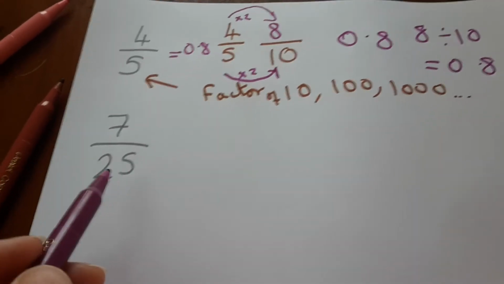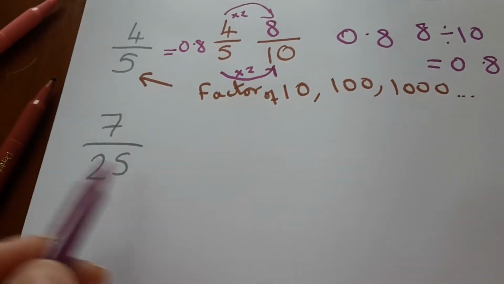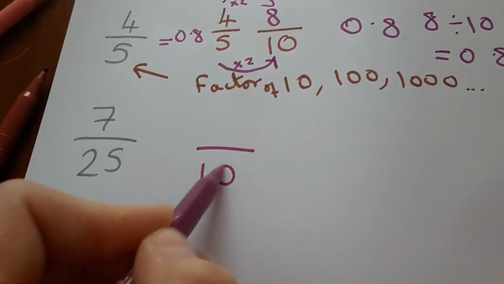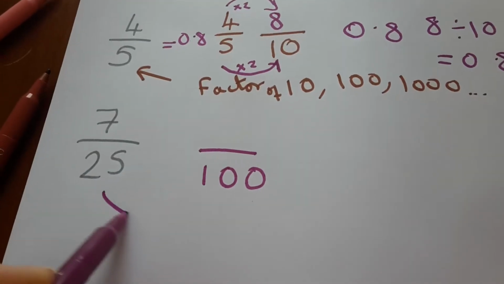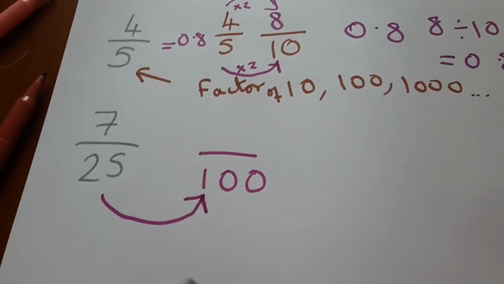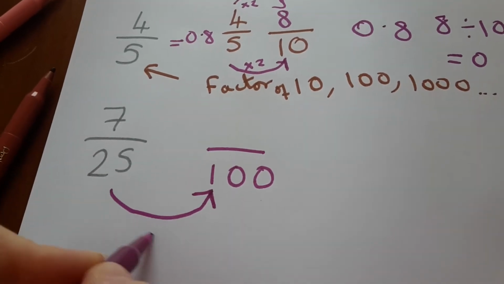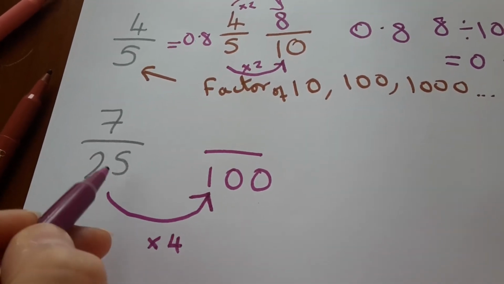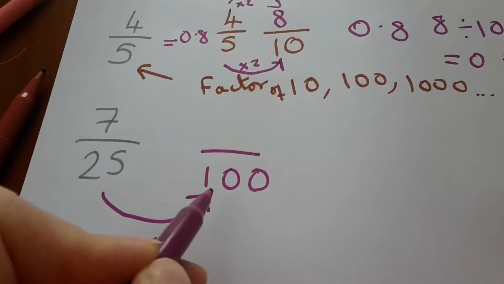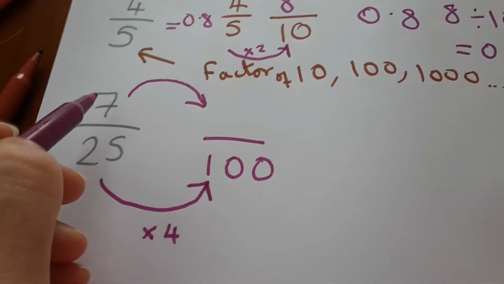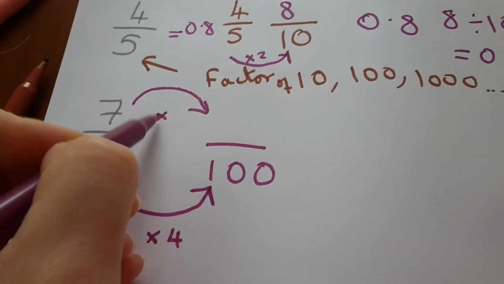Here's another one. 25 is not a factor of 10, but it is a factor of 100. So I can convert this fraction into hundredths instead of 25ths. 4 lots of 25 make 100, so I'm going to times my denominator, which is my bottom number, by 4, and to keep them in the same proportion, I'm going to times my numerator by 4 also.